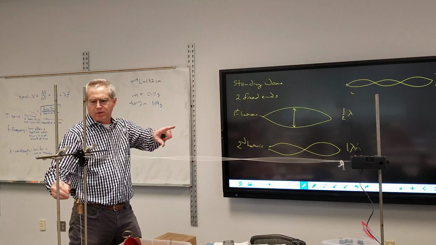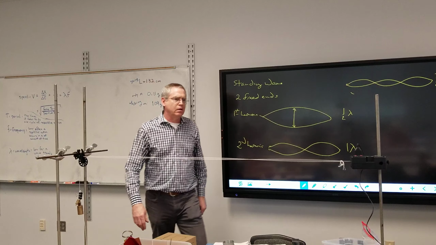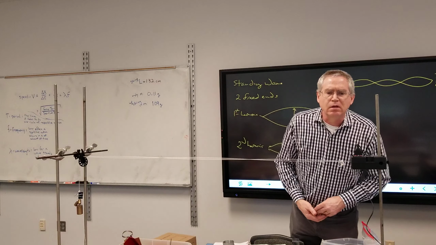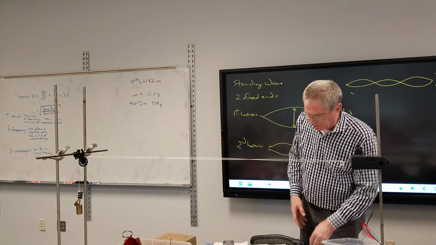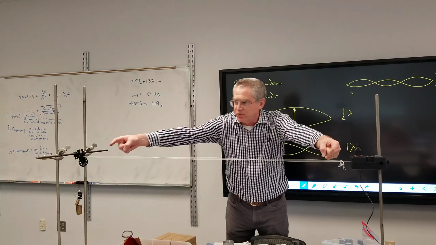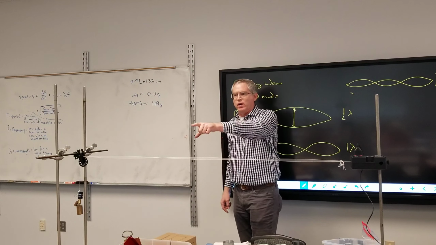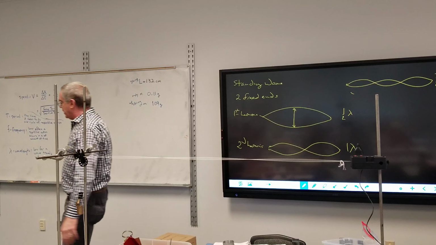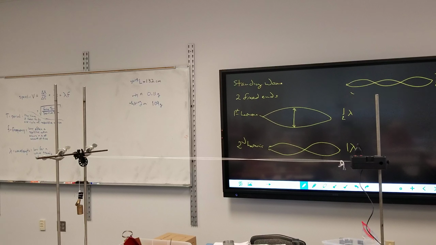I want to go that way, so I need to add just a little bit. Okay, looks like the node's here now. So what I'm going to do is measure this full length right here. I know this is 1.5 waves.